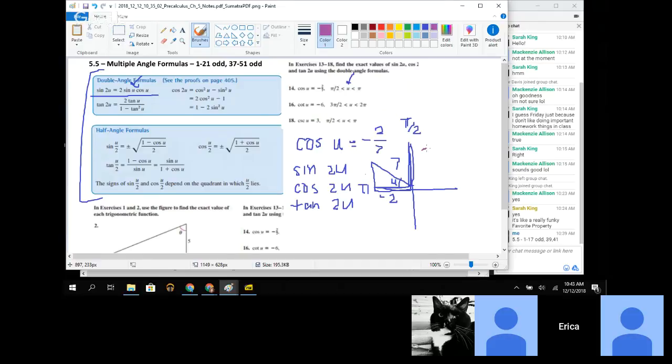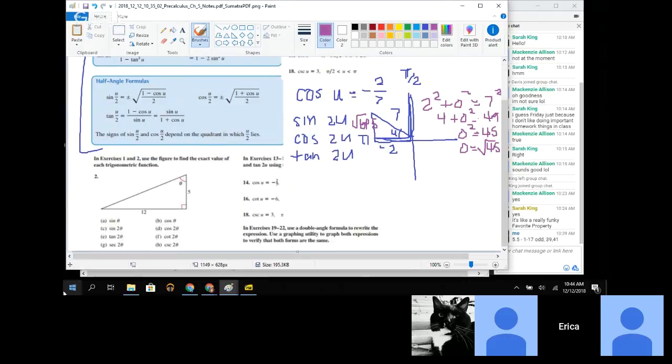So 2 squared plus my opposite side squared equals 7 squared. So this is 4 plus my opposite side squared equals 49, so my opposite side squared equals 45, or my opposite side equals the square root of 45. So this side over here is the square root of 45. I feel like this is so messy. It's driving me crazy.